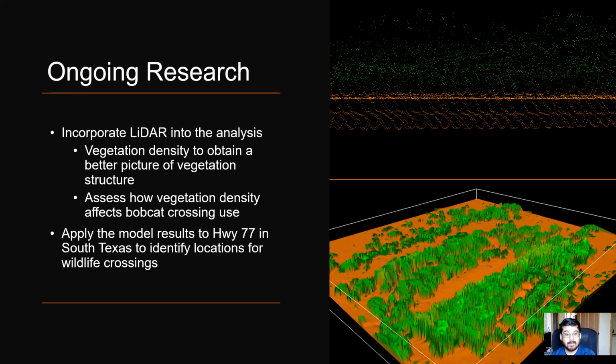It's very possible that bobcats are preferring patches that have very thick understories. So we want to assess how the thickness of the vegetation could impact crossings. We then want to apply this model to US Highway 77, where TxDOT is planning several more wildlife crossings for ocelots, bobcats, and other mammals.